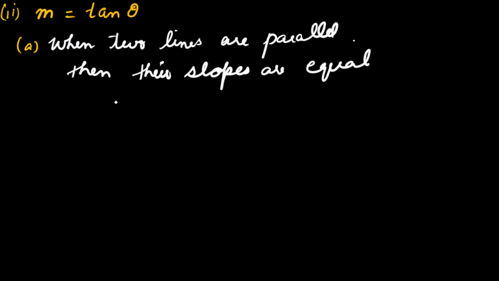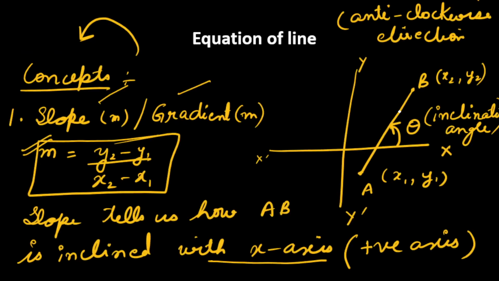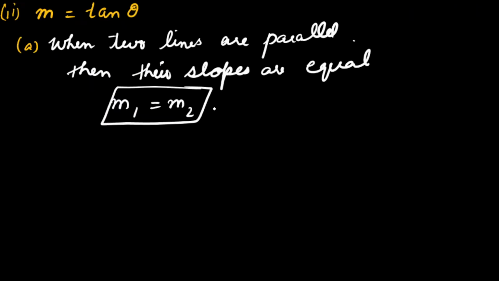So if the slope of line 1 is m1 and the slope of line 2 is m2, these will be equal to each other. Suppose here I have drawn one line AB and another line segment CD. If these two are parallel to each other, then their slopes will be equal. Second point, when lines are perpendicular.